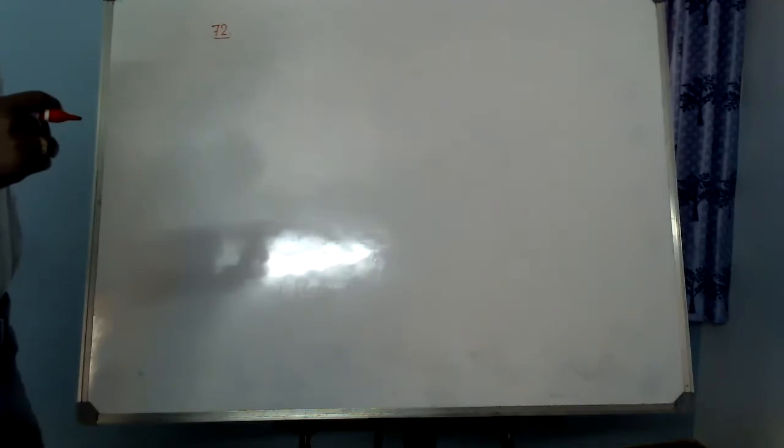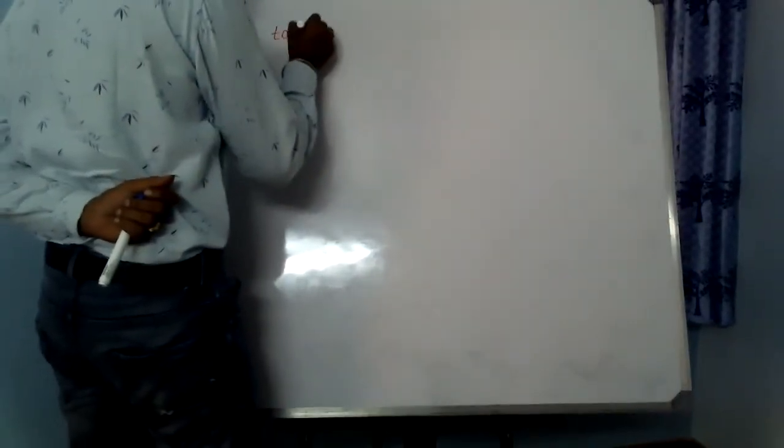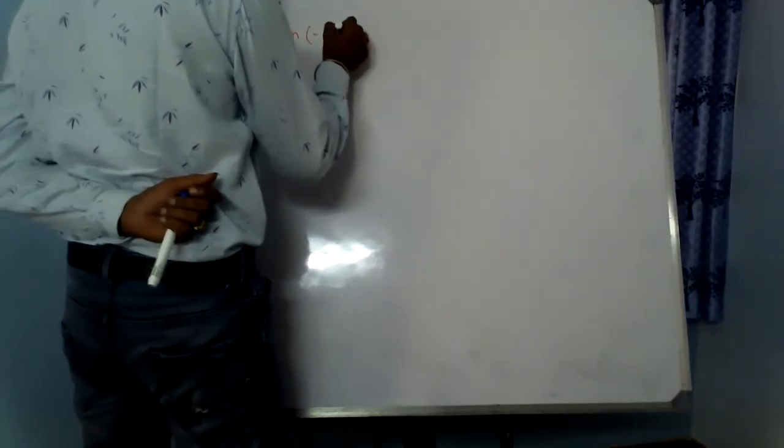So next question, question number 72. Question number 72 tells you what? Tan minus 750, right? Tan minus 750 degrees. Okay.